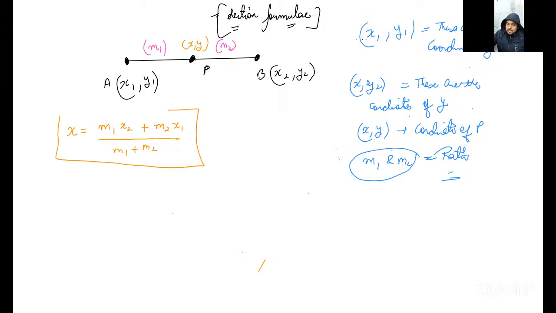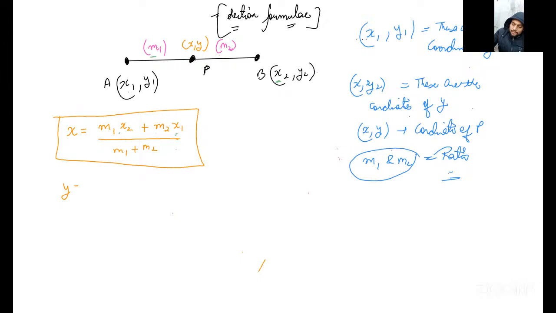Now what does this mean? See, this m1 will multiply with this x2, making m1 x2. This m2 will multiply with this x1, making m2 x1, upon m1 plus m2. Did you understand? In the same way, for y, this cross multiplication will occur.